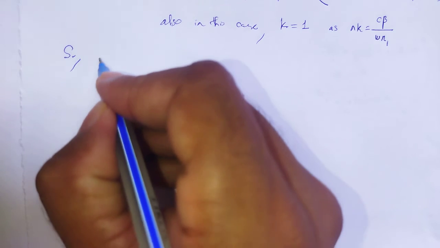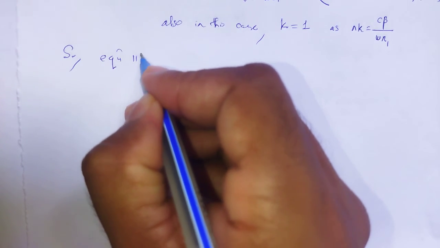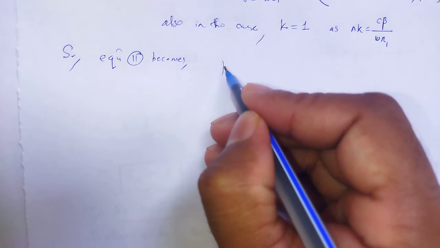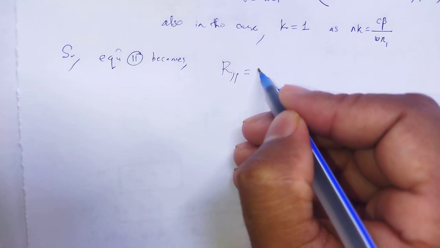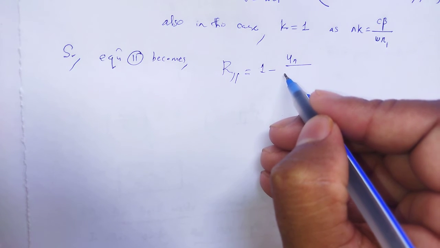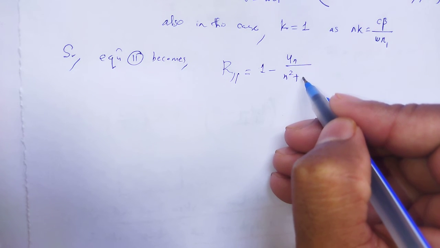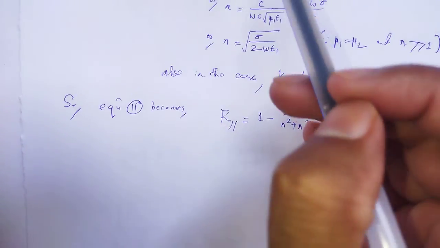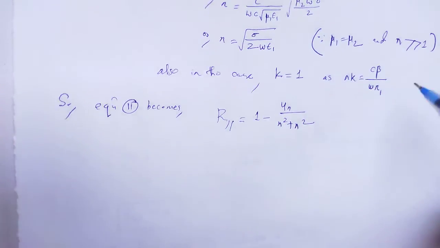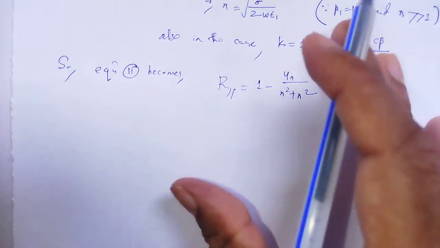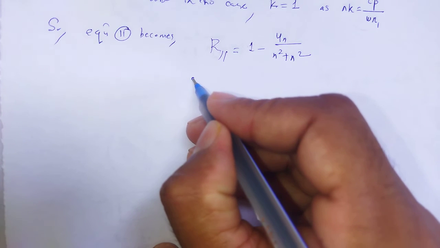So equation 11 becomes R parallel is equal to 1 minus 4n divided by n square plus n square. In place of k we substitute 1, in place of nk we substitute that value, and it is simplified in that manner.